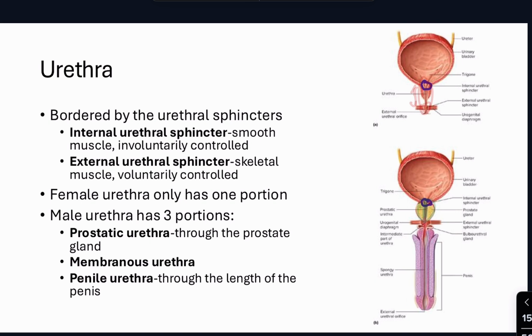And the external urethral sphincter is going to be the one that is skeletal muscle. What does that mean to us? That means it is somatically controlled. We have voluntary control over it. That's why you can kind of hold your pee if you really have to go for a long period of time. Right? Eventually, it'll give out, and that's that.